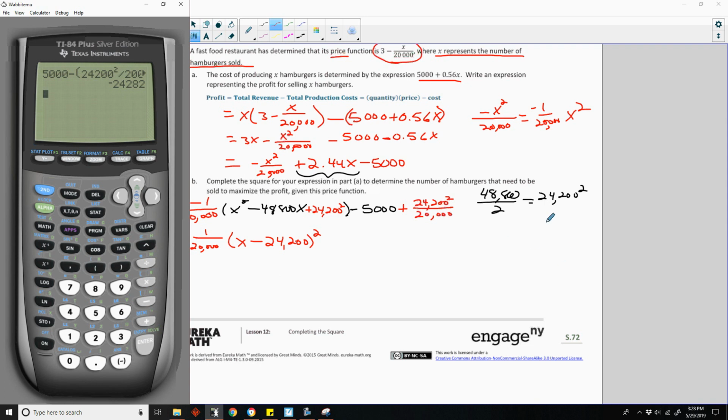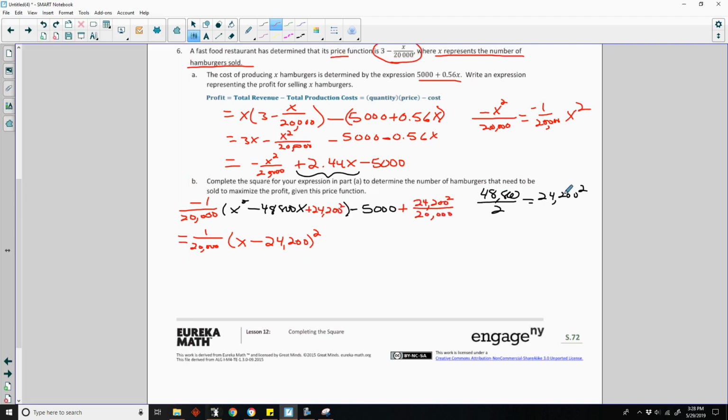Oh, I made a mistake here. 48,800, half of that is not 24,200. I'm off. Half of 4 is 2, half of 8 is 4, half of 8 is 4. This should be 24,400. So this is 24,400.